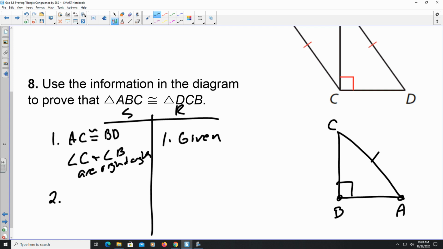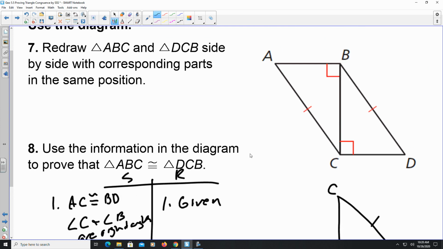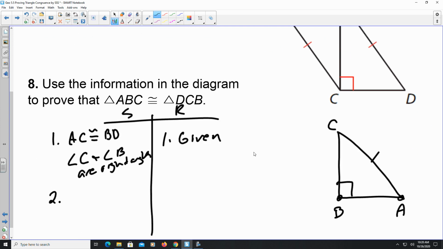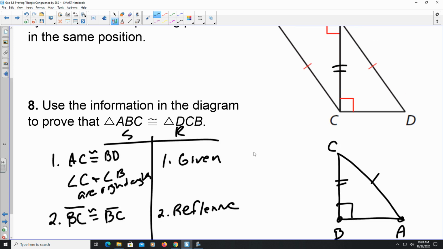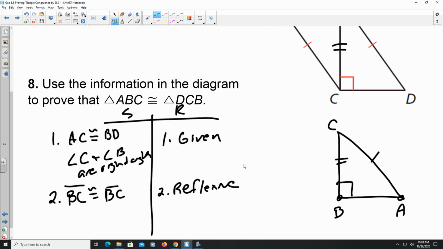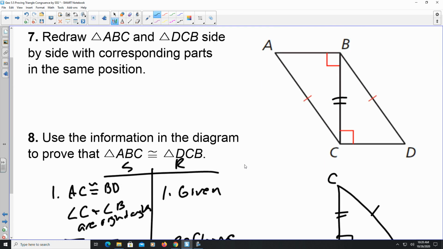The second thing we can look at is they both share a line segment BC. So I can say that BC is congruent to BC because of the reflexive property. And in this particular instance, AC and BD are the hypotenuse.